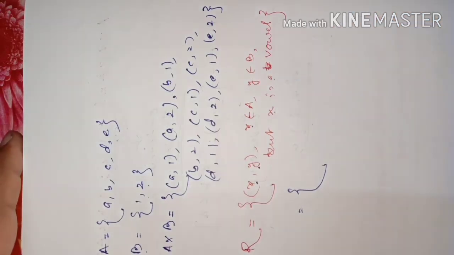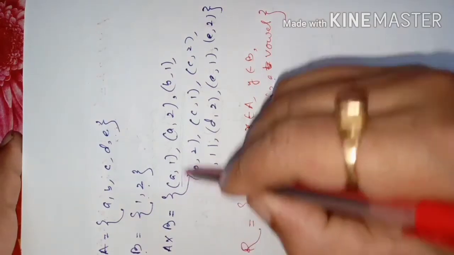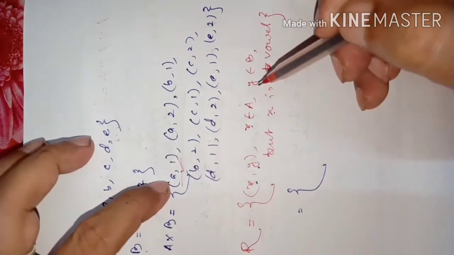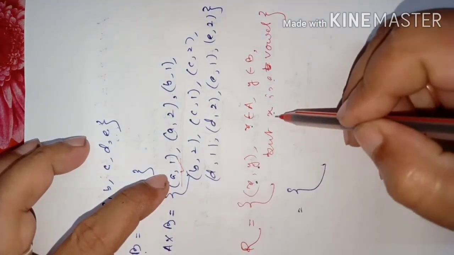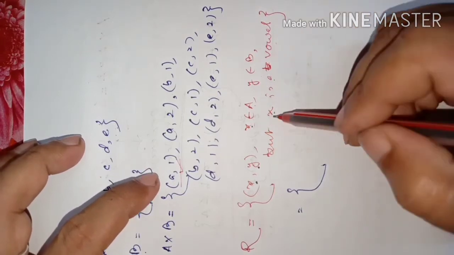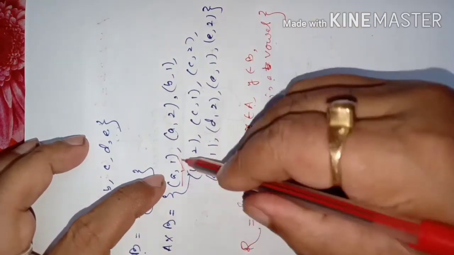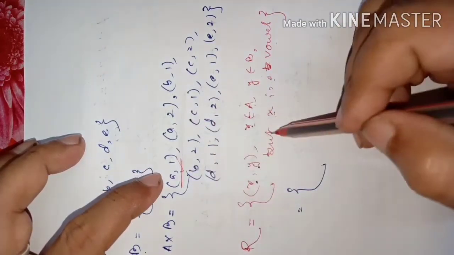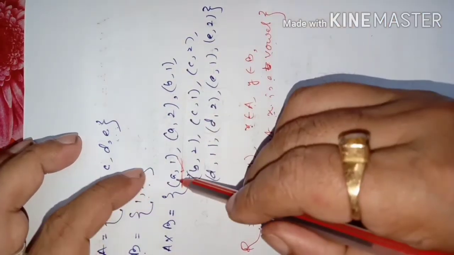Now here if you see, in these ordered pairs, the first element, X, is from A and the second element is from B. So from the ordered pairs, the first element should be a vowel. First element A is a vowel.